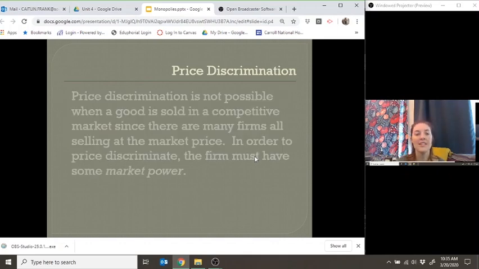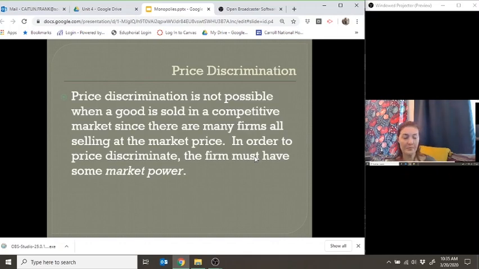Or you can see this at like airports. Airports, when you're trapped inside, you've gone through security. If you want to buy a bottle of water once you get inside, it's like $4. Versus if you were at the gas station outside the airport, it would be less than $1. Because the airport knows you have a higher max price than you would if you were outside the airport. So that's price discrimination in the real world.